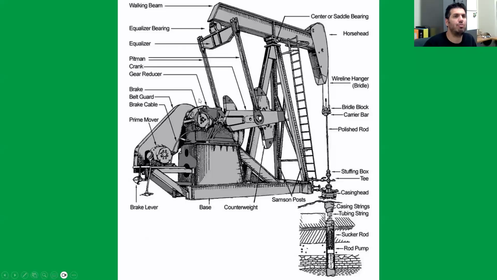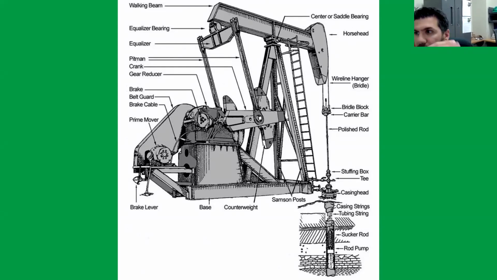And this picture shows more details on the beam lift. It's sort of like that toy I showed you. We have the pitman that is moving with the cranks and the counterweight. Everything is being rotated by the prime mover through the gearbox.